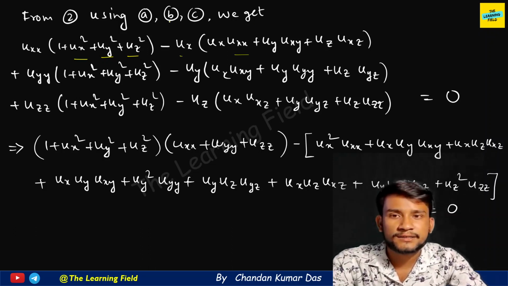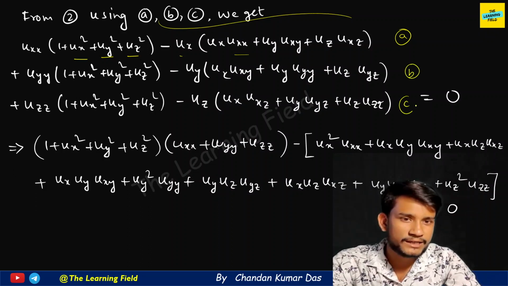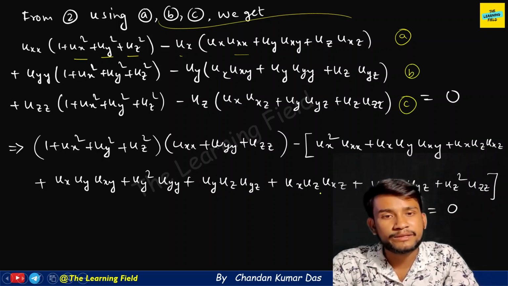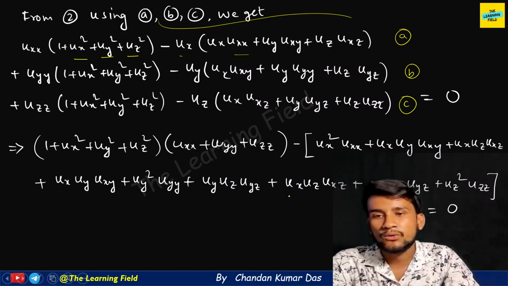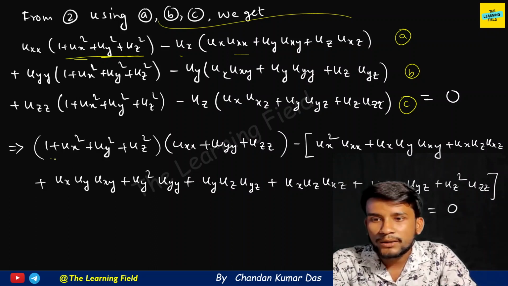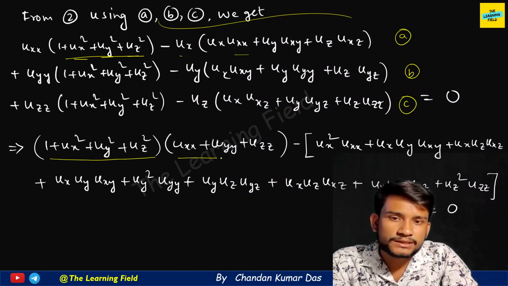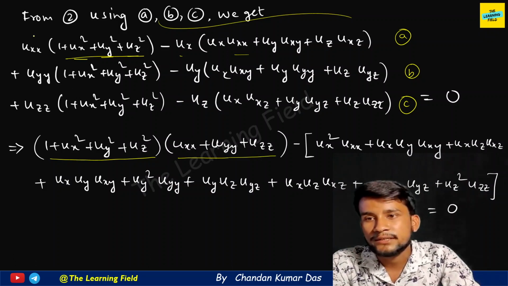This line comes from a, this line comes from b and this line comes from c, the derivative terms. Now if we add, then this goes common. So 1 plus ux square plus uy square plus uz square times uxx plus uyy plus uzz, this term, this term and this term.